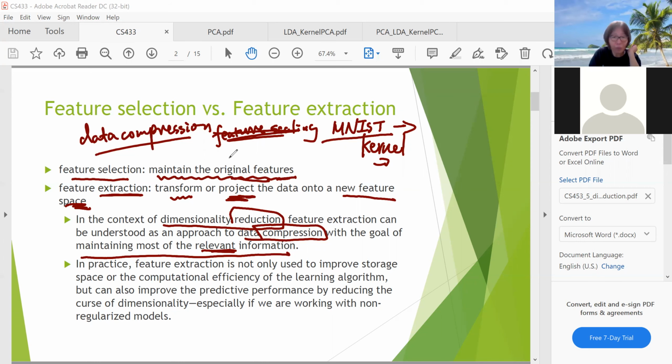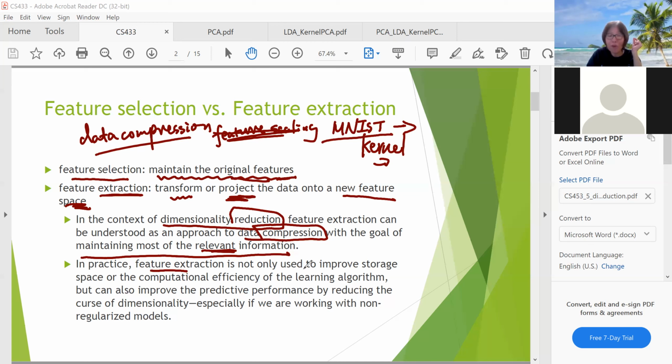So that's also the concept of dimensionality reduction, okay? And what we will learn today, you will also see, can serve like a data compression, okay? And here it says feature extraction.